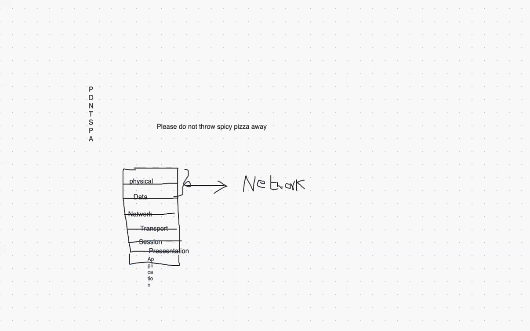Then the network layer is called the internet layer, and the transport layer is called the transport layer.